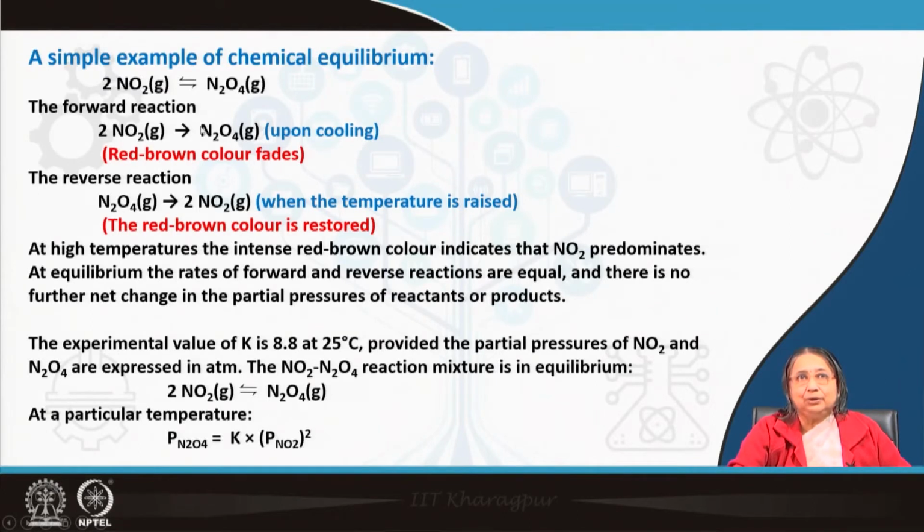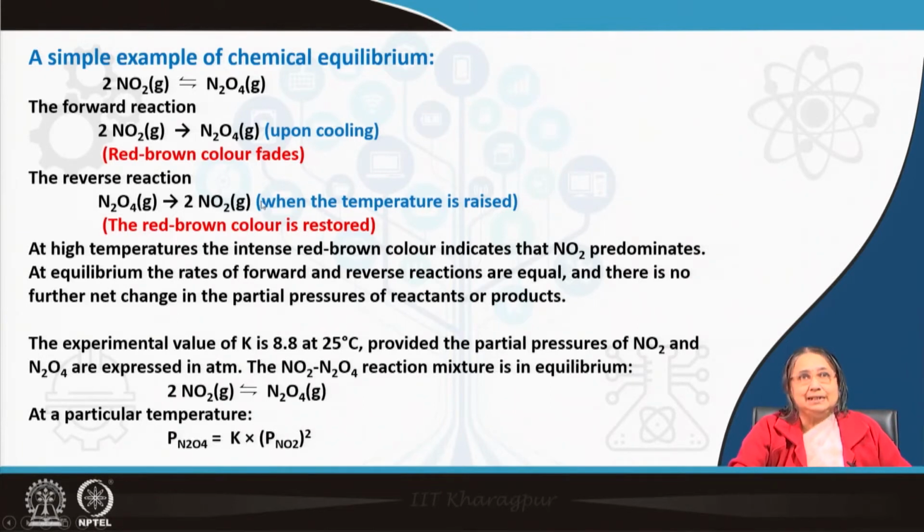NO2 has color, but when it goes to N2O4 the color is not there, and it happens upon cooling. And the reverse reaction, that means N2O4 goes to NO2 when the temperature is raised. Here you see there is no color, and then it goes to NO2, and so the red-brown color is restored.